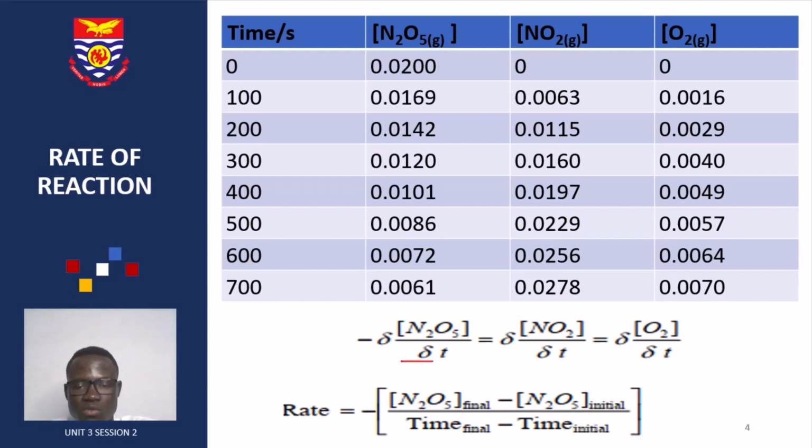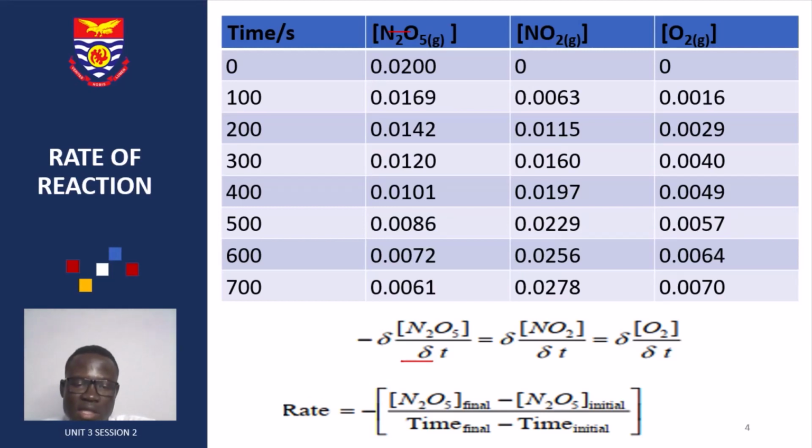Now realize that when we want to write the rate law expression relating the dinitrogen pentoxide, the nitrogen dioxide and the oxygen, because this is a reactant, we assign a negative sign to it because the concentrations are decreasing. However, the concentrations of the nitrogen dioxide and the oxygen gas increase, and for that matter, a positive sign is usually assigned to them.